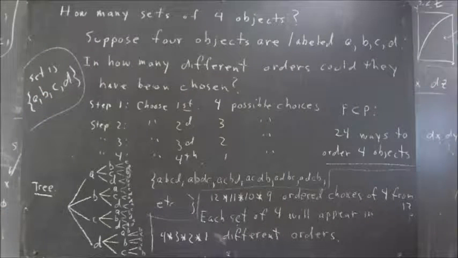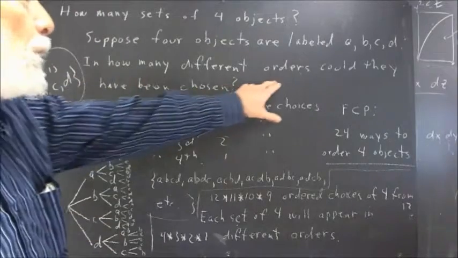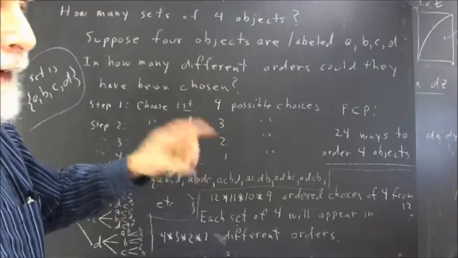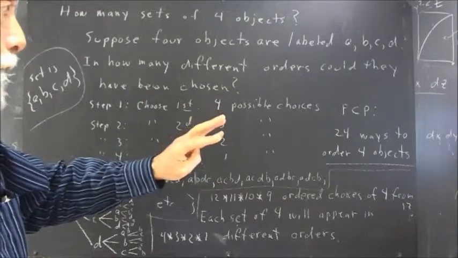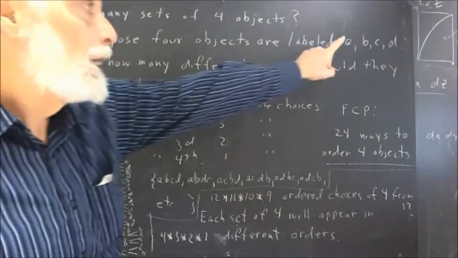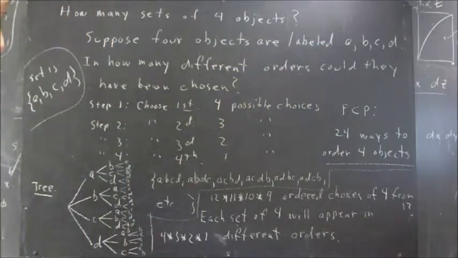The set is the collection of the objects, not an ordered collection. So among the 12 times 11 times 10 times 9 ordered choices of 4 objects out of 12, in how many different orders could this set A, B, C, D have been chosen?